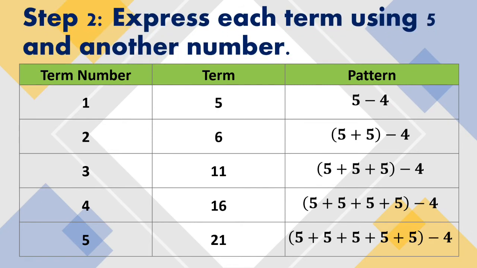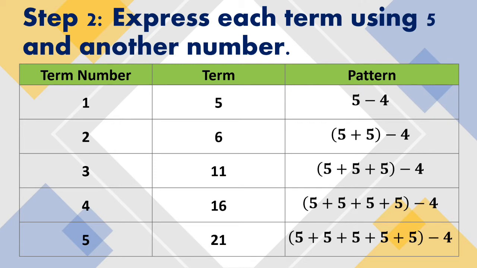Step 2. Express each term using 5 and another number. As you can see on the table, we have the term number, the term, and the pattern. For term number 1, the term is 1, so we can express this term using 5 minus 4.